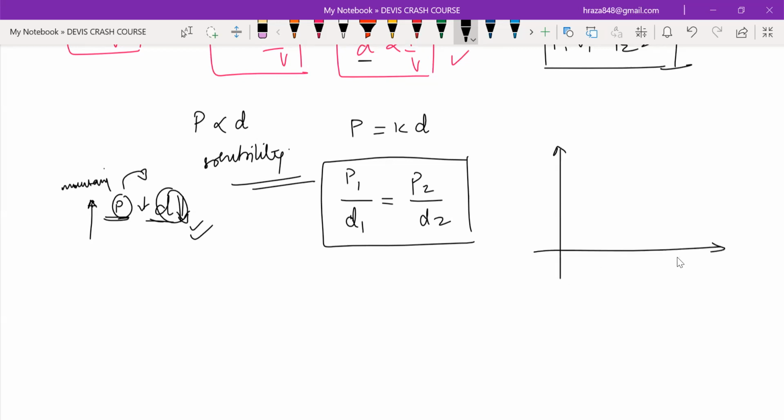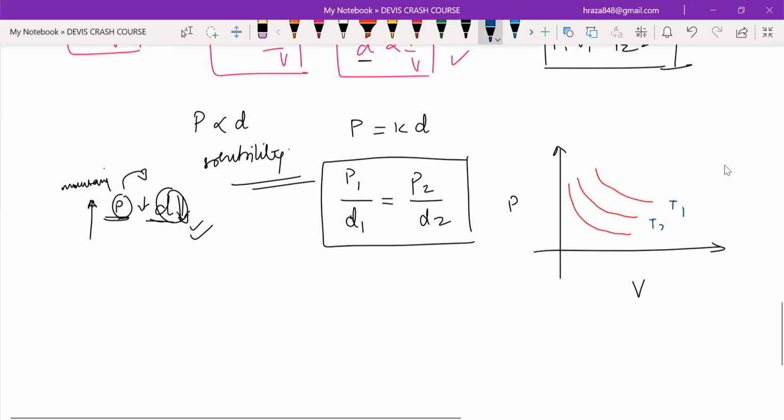Now, there is a very good question on this graph that I'm going to give you. There is a graph between P and V like this, and it is given T1, T2, T3. You have to find the relation between T1, T2, T3. Option A: T1 equals T2 equals T3. Option B: T1 greater than T2 greater than T3.